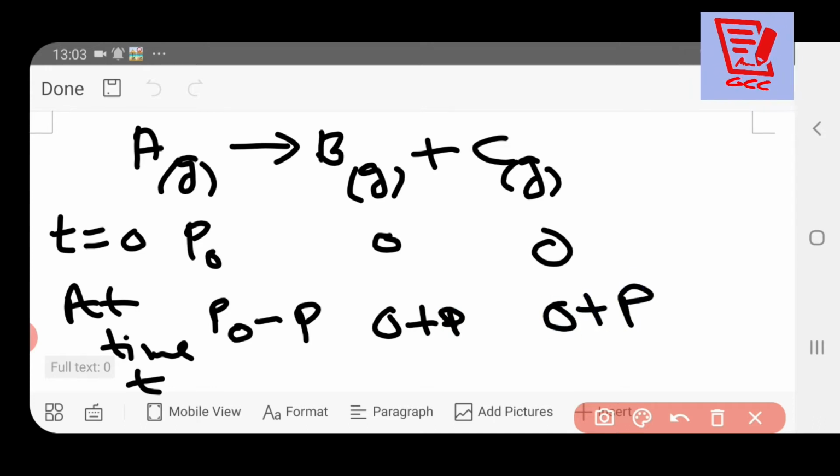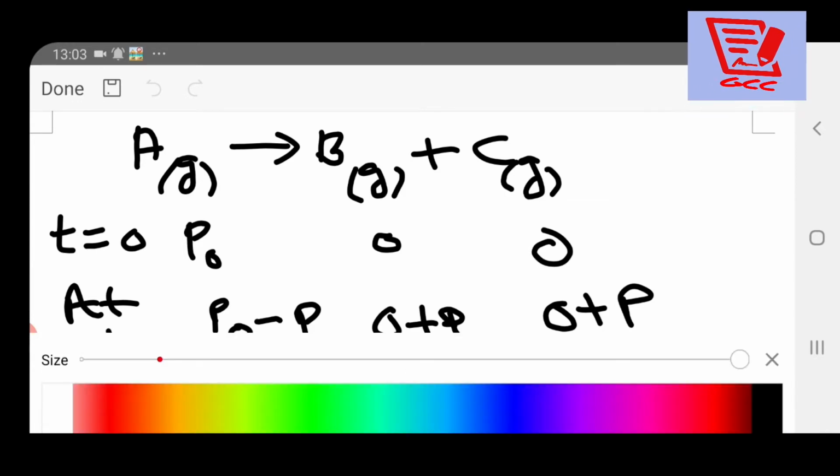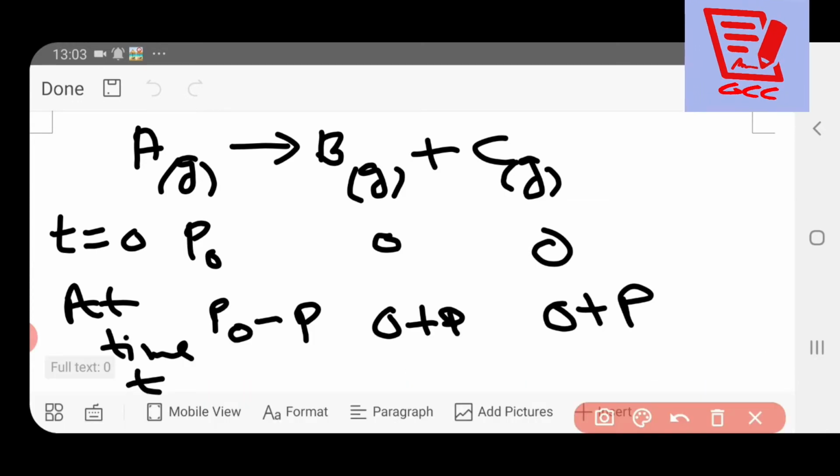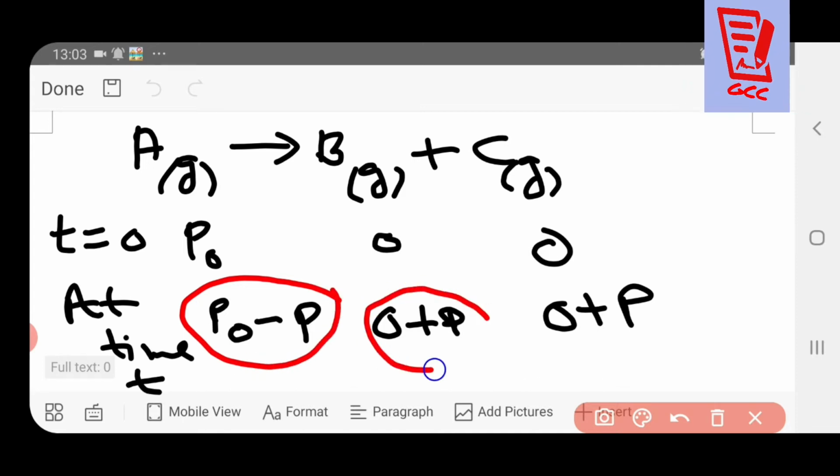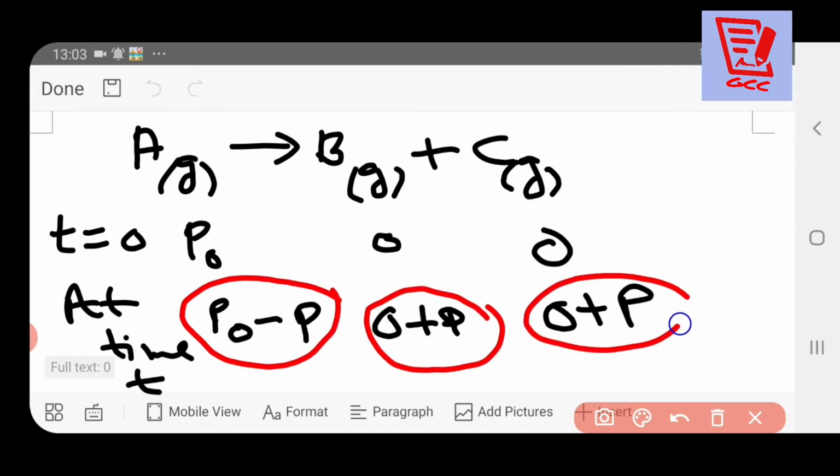Everybody knows that the reactant always decreases and the product always increases. That is why 0 plus P is there.